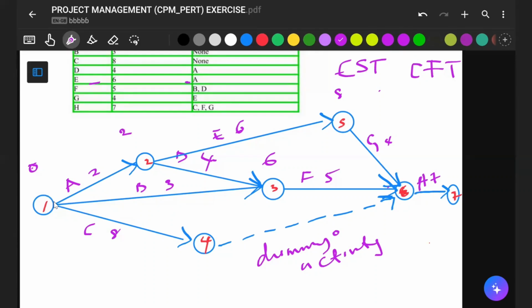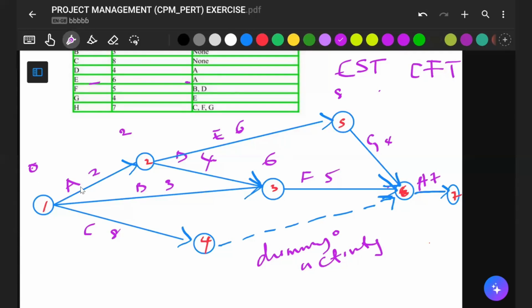So any addition you want to do around B, you must consider this 0. This 0 simply means the starting time for activity A, B, and C. You can call it the earliest starting time, because there's no other earlier time than this. So the earliest time activity A, B, or C can begin is at point 0.